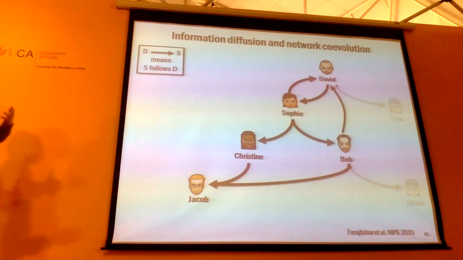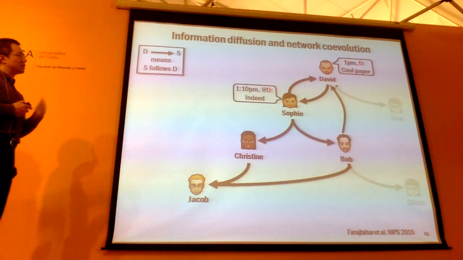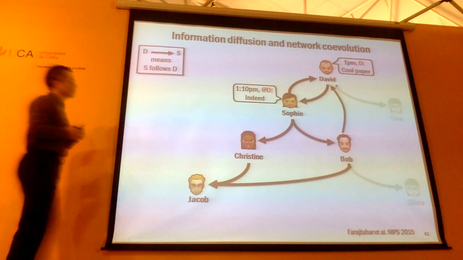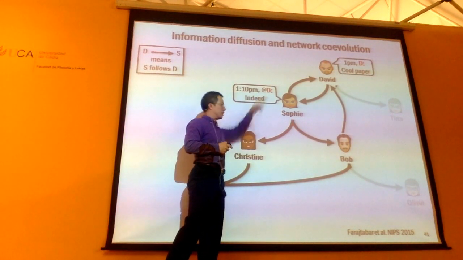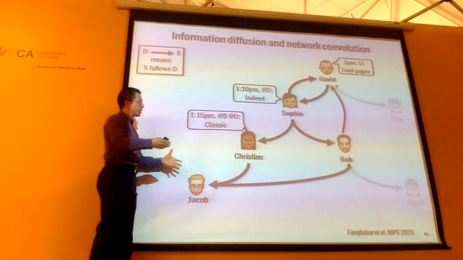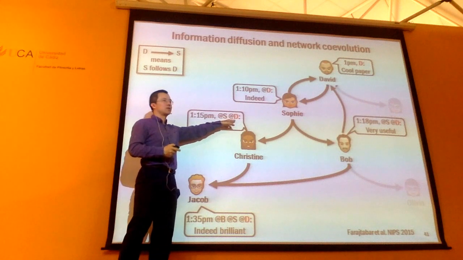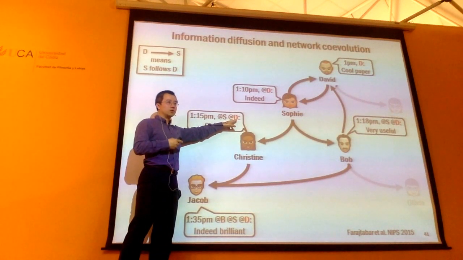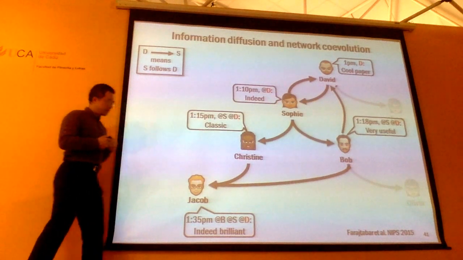So let me just remind you of this setting. In this particular case, it's more like Twitter, right? David tweeted about something, and Sophie is going to retweet. So she's going to acknowledge the source of the information. Similarly, when this tweet propagates to the downstream users, each user is always going to acknowledge the origin of the tweet. Okay? At some point, Jacob finds that the information is useful.